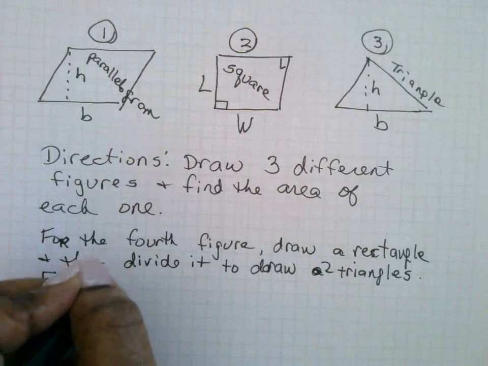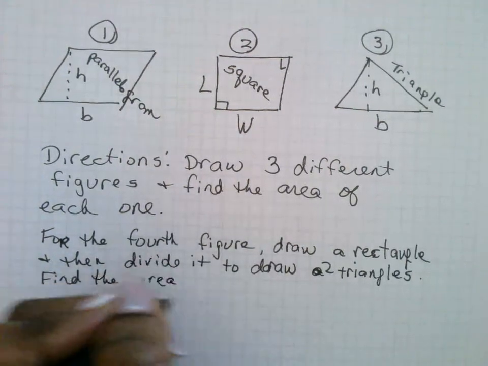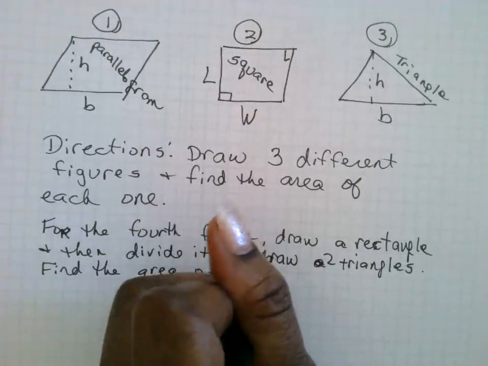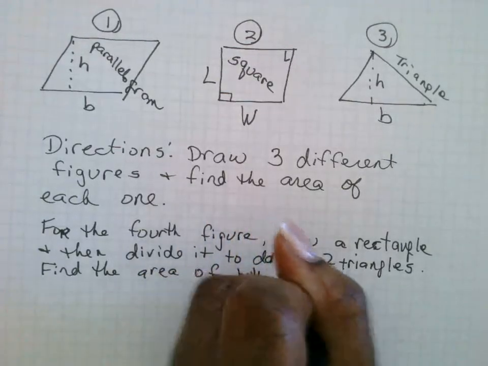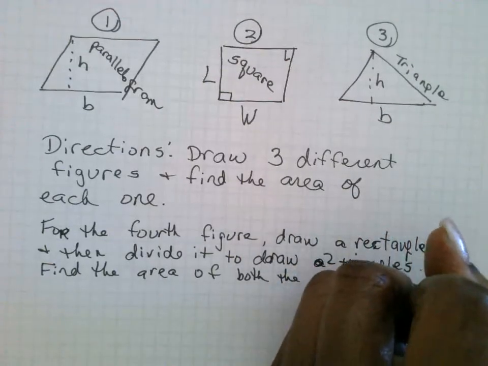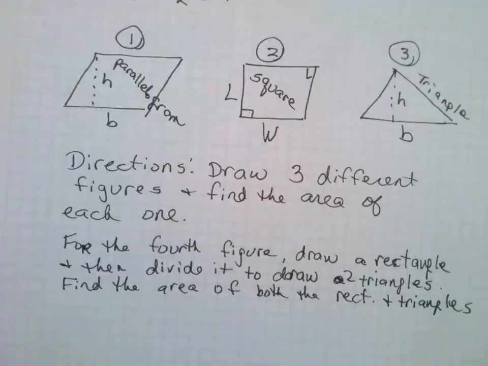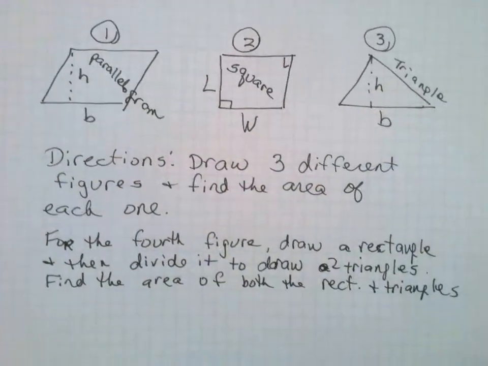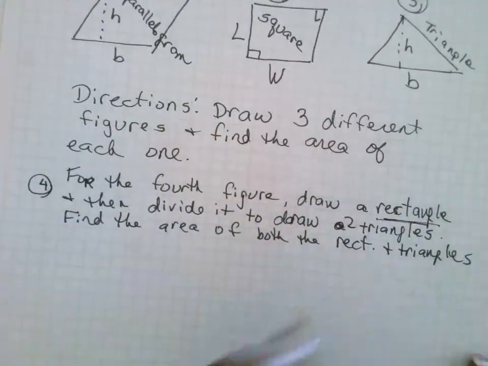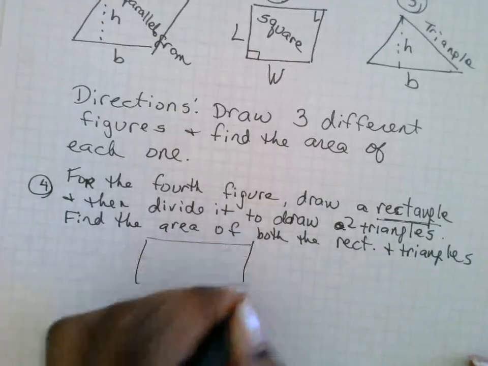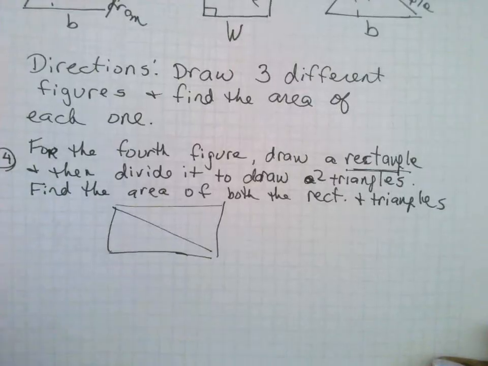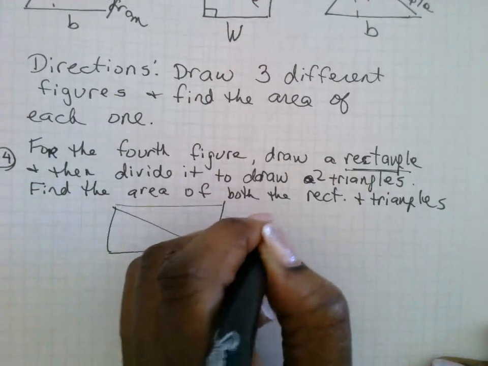You're going to find the area of both the rectangle and the triangles. So 1, 2, 3, and then number 4 is a rectangle with a triangle drawn in it. And you give the area for both.